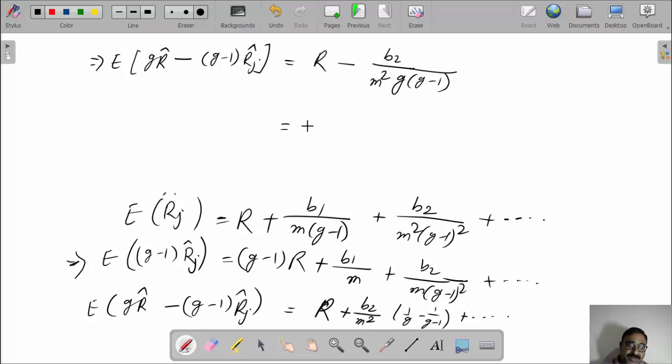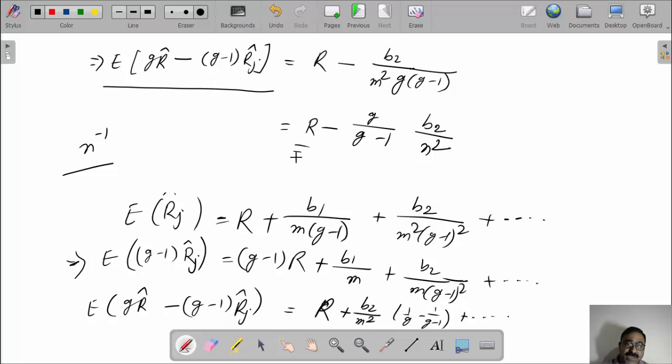So this is equal to r minus g by g minus 1 into b2 by n square. So up to order n inverse, expectation of g r cap minus g minus 1 r_j cap equals r. So g r cap minus g minus 1 r_j cap is almost unbiased estimator of r up to order n inverse.